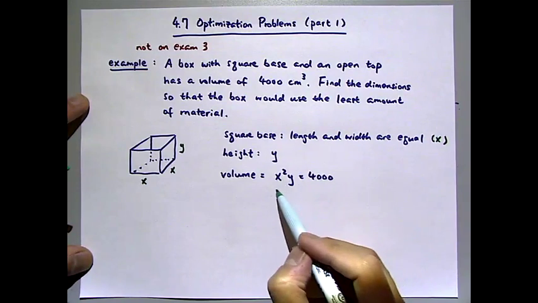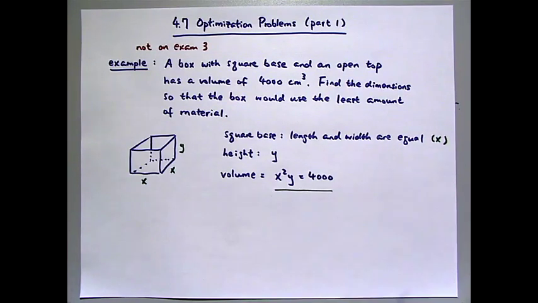This is one equation that we're going to use later that's very important, that will enable us to solve the problem. So far we've essentially translated the first sentence of the problem statement.